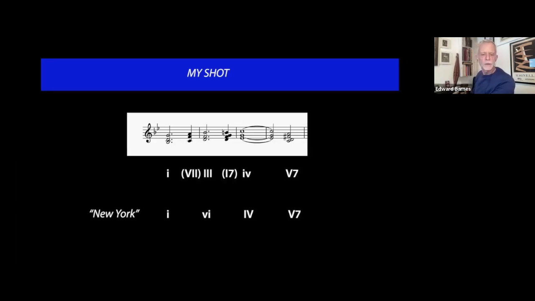And then he writes what are called passing chords in between. So you have the minor 1, a passing chord, major 3, a passing chord, minor 4, major 5, back to him. And this is a variant on the New York harmonic progression, which is this. So it's only slightly different from what you've heard.